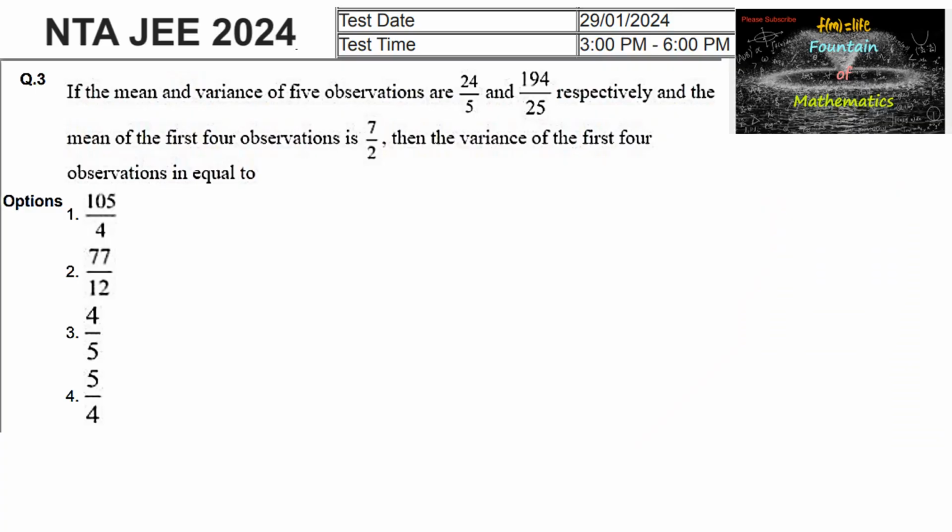If the mean and variance of 5 observations are given as 24 upon 5 and 194 upon 25, that is mean x bar is equal to 24 upon 5 and sigma square, the variance, is 194 upon 25 respectively, and the mean of the first 4 observations is 7 upon 2, then the variance of the first 4 observations is equal to, and we know that the mean is the sum of the observations.